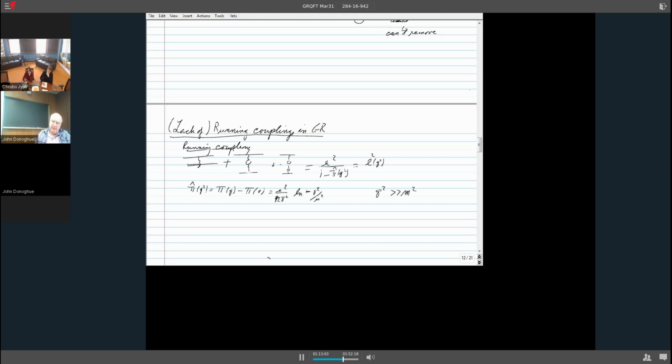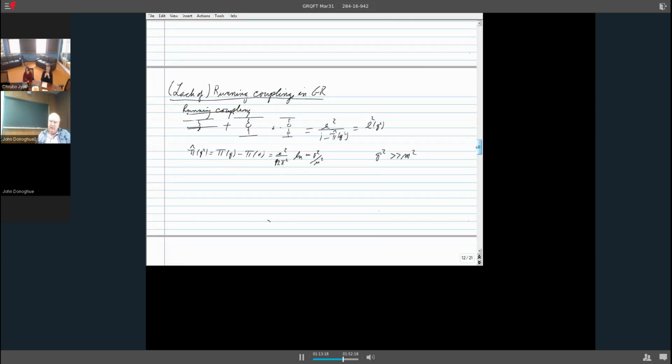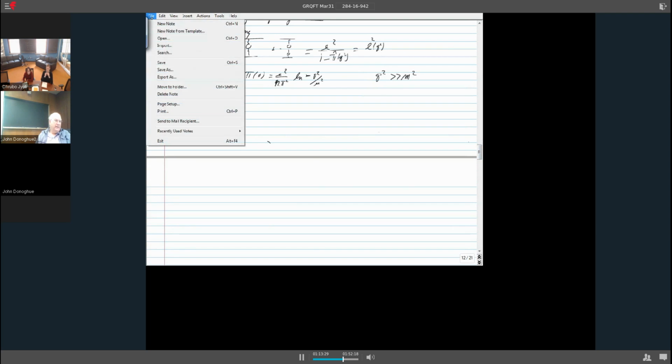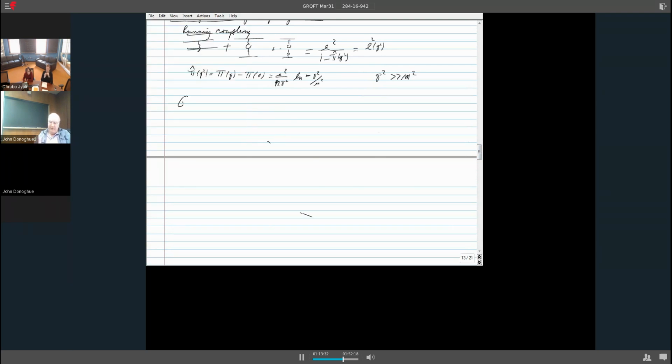If I do QED and I do photon exchange plus the vacuum polarization diagram plus etc., sum up those, that turns into e squared over 1 minus pi hat of Q squared, where I've already renormalized this, and pi hat of Q squared is the vacuum polarization function minus pi of 0.